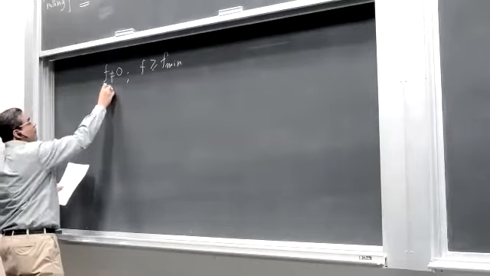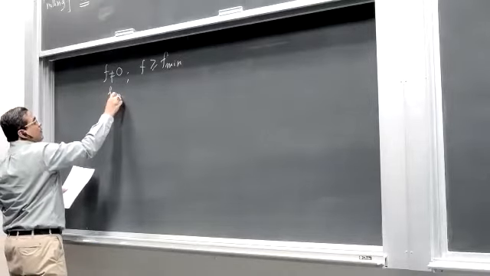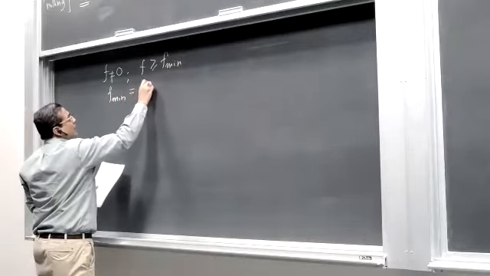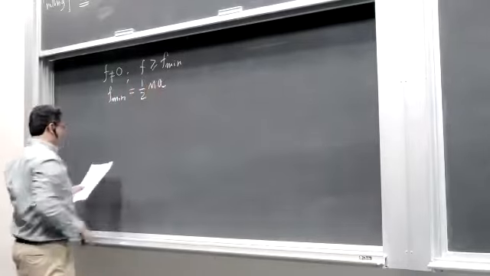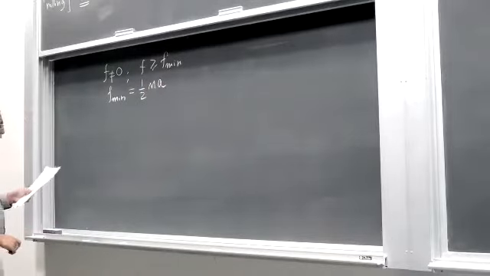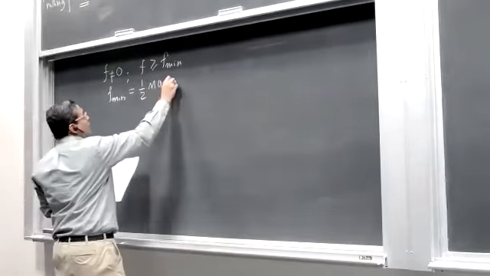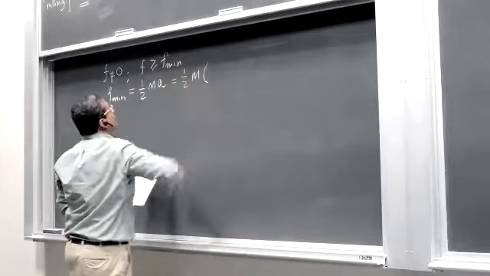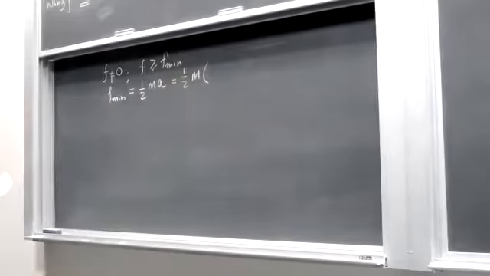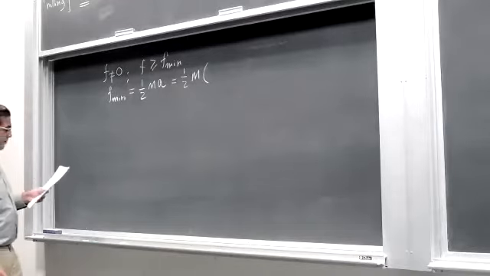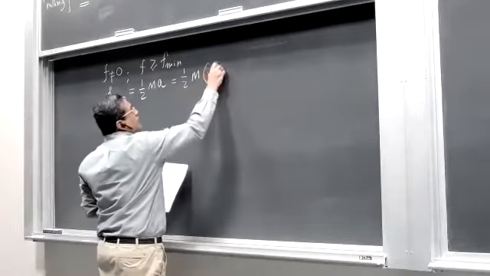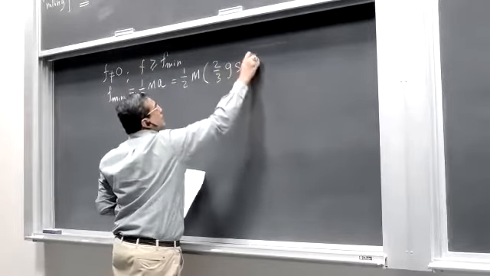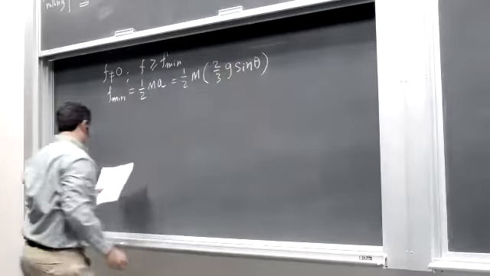So F minimum is nothing but half m a, and now we know the value of a. What is the value of a? We just calculated, 2 by 3 g sine theta. Right.